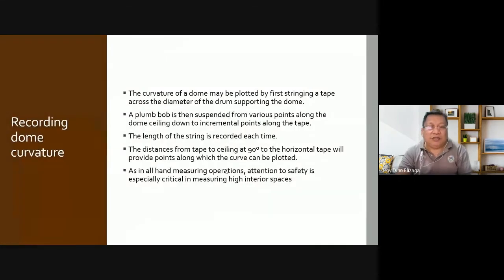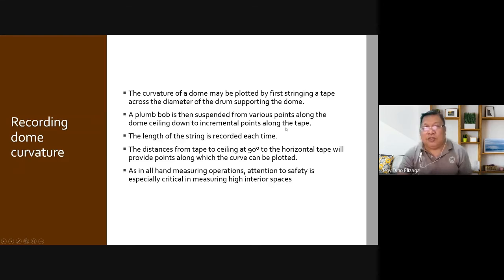So domes are very tricky. It says here the curvature of a dome may be plotted by first stringing a tape across the diameter of the drum supporting the dome. Then a plumb bob is then suspended from various points along the dome ceiling down to incremental points along the tape.